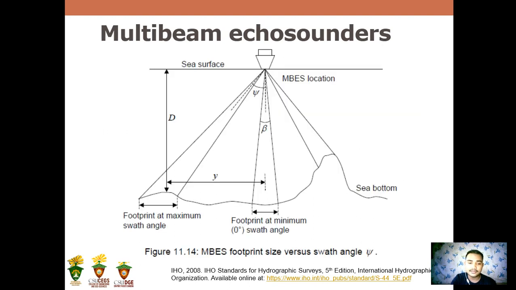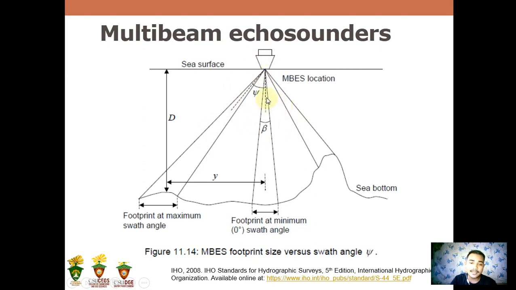So this is an example of the relationship between the swath angle and the footprint. From the vertical, directly below your transducer, to the maximum angle, that's the swath angle. For example, this multi-beam has three single beams: this one is the first single beam, second single beam, and third single beam.